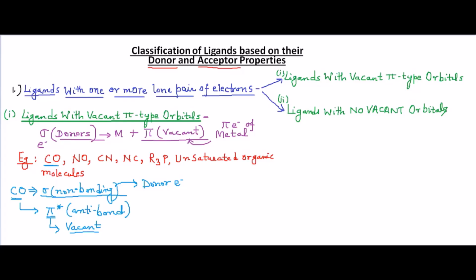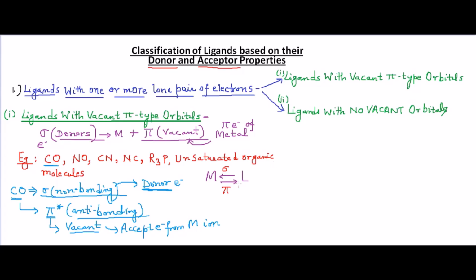So we have the non-bonding donor electrons in the carbon monoxide, and the vacant pi star antibonding molecular orbital which can accept an electron from the metal ion. You can show it like this.